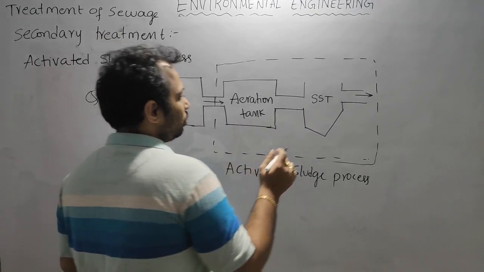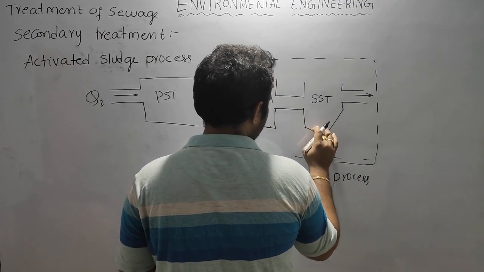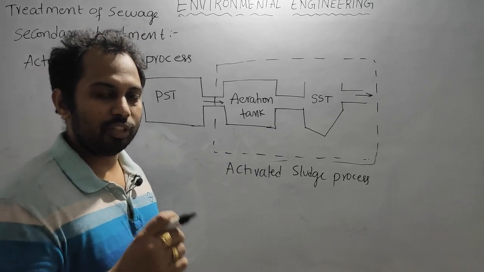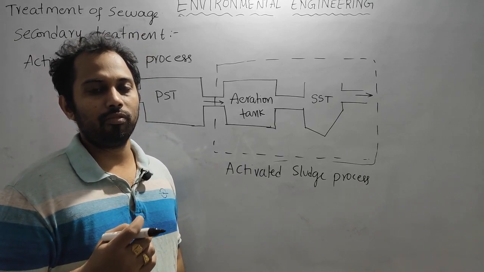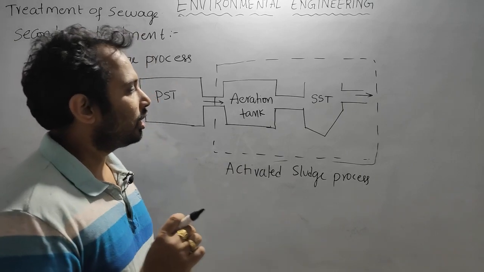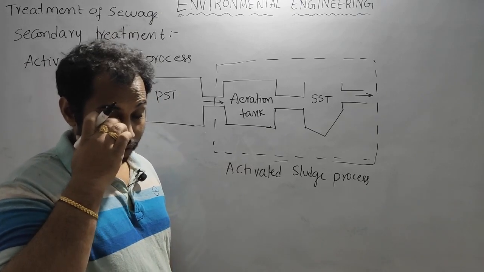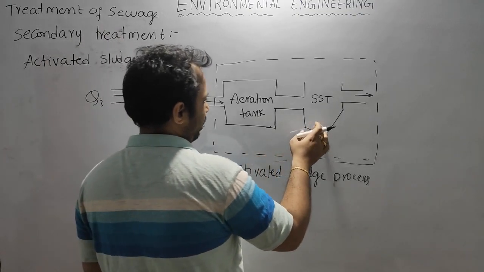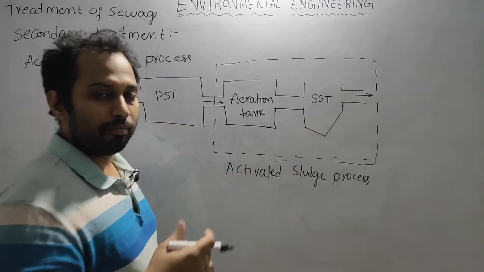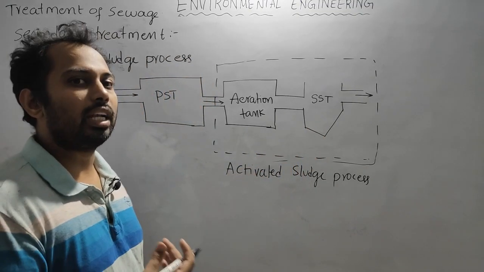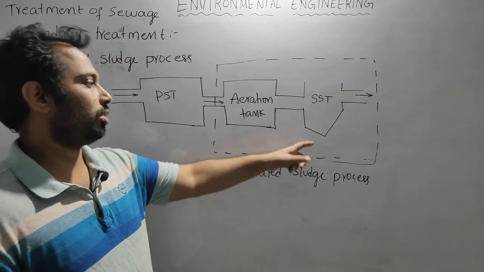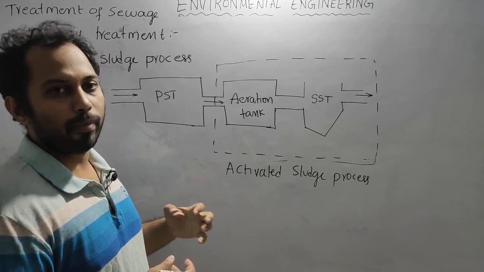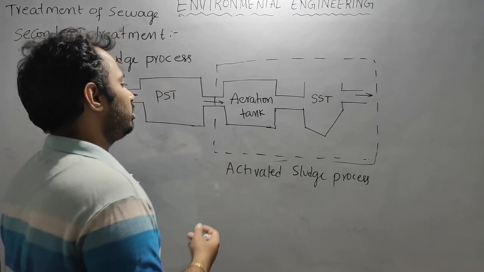So the sludge present here, where the concentration of microorganisms is very high and the concentration of food is very less, that kind of sludge is called activated sludge. This sludge is already in an active state, so the microorganisms are decomposing the organic matter. So whatever sludge contains a lot of microorganisms is called activated sludge.